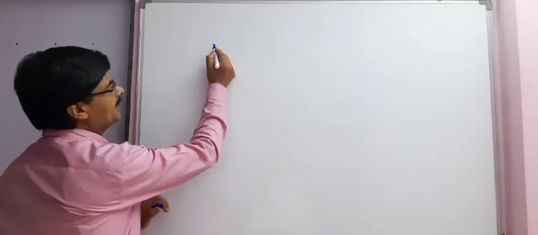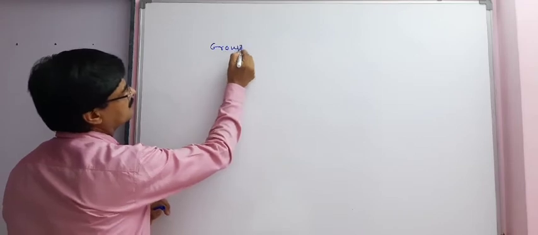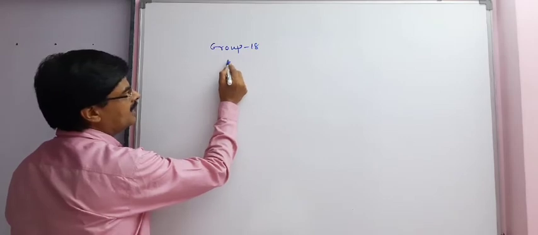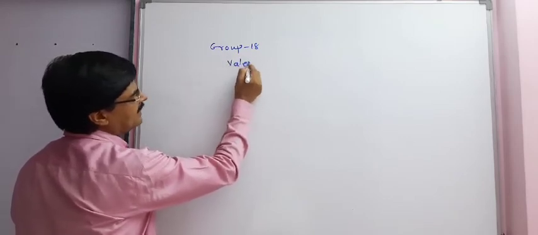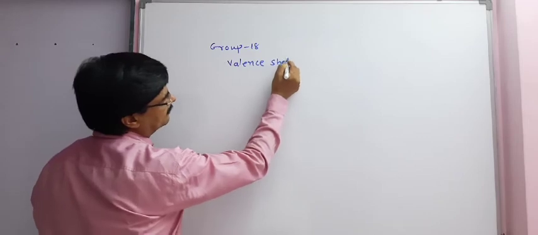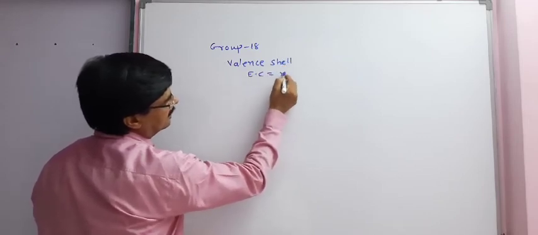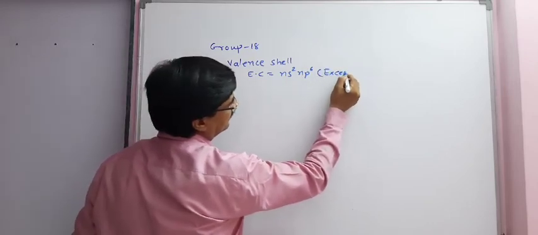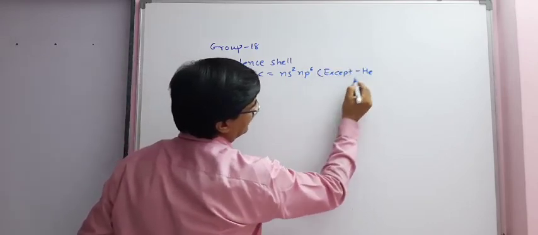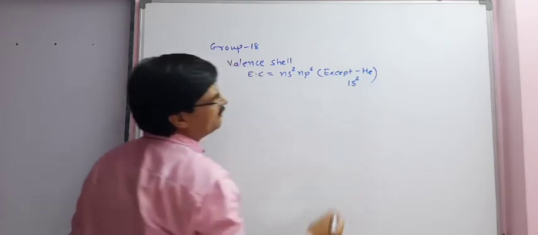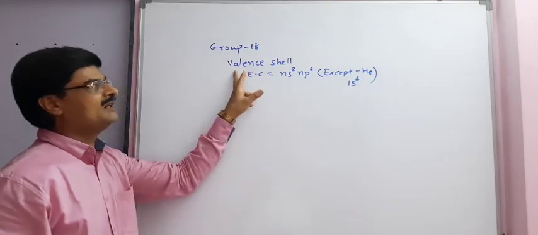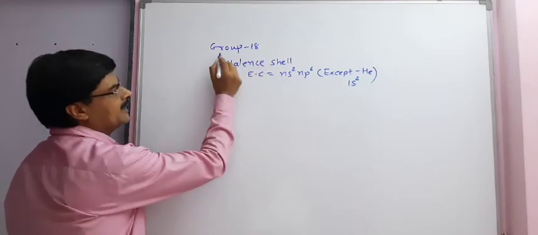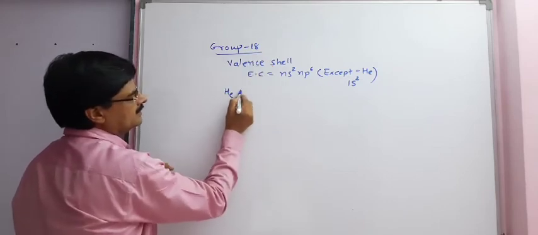Group number 18 elements have the general valence shell electronic configuration ns2 np6, leaving He. He has electronic configuration only 1s2. Otherwise, the rest of the elements have valence shell electronic configuration ns2 np6.